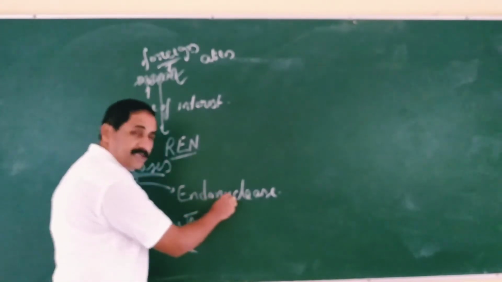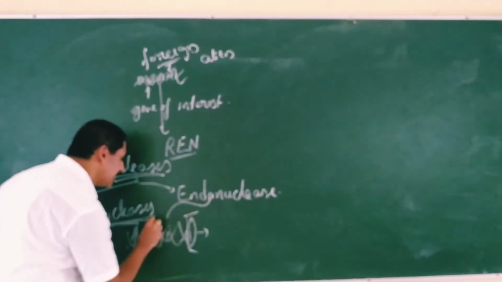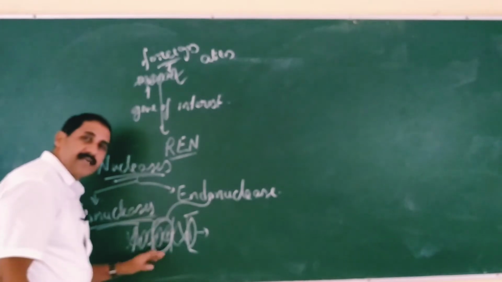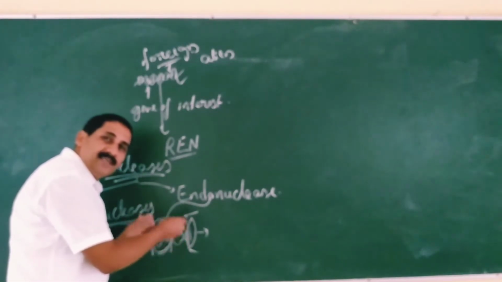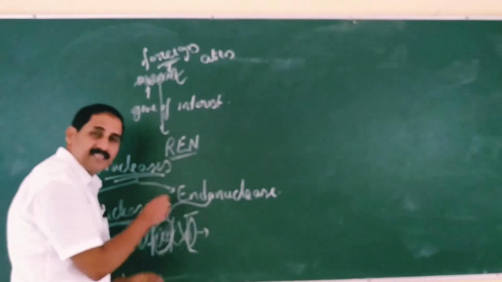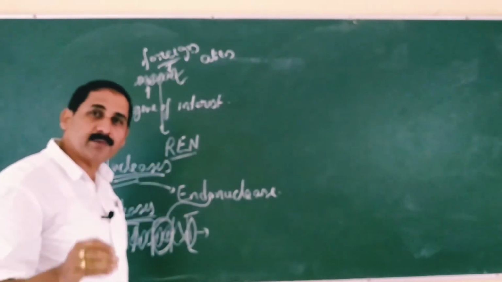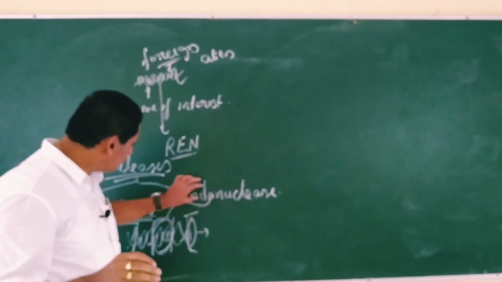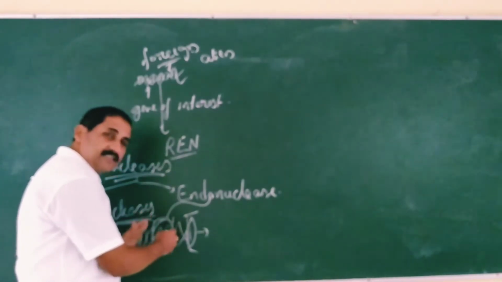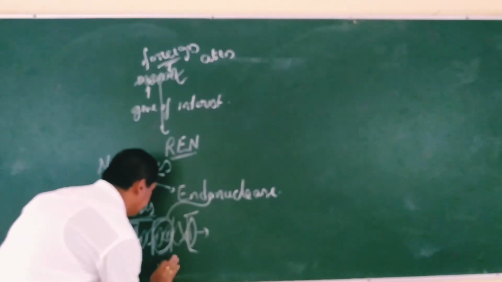But endonucleases are the group of enzymes that identify a specific portion of nucleotides within the DNA. This specific portion is the repeated sequence, that is, the palindromic sequence. So it identifies such a recognition site, and in the restriction site, it cuts and cleaves out the portion of DNA.